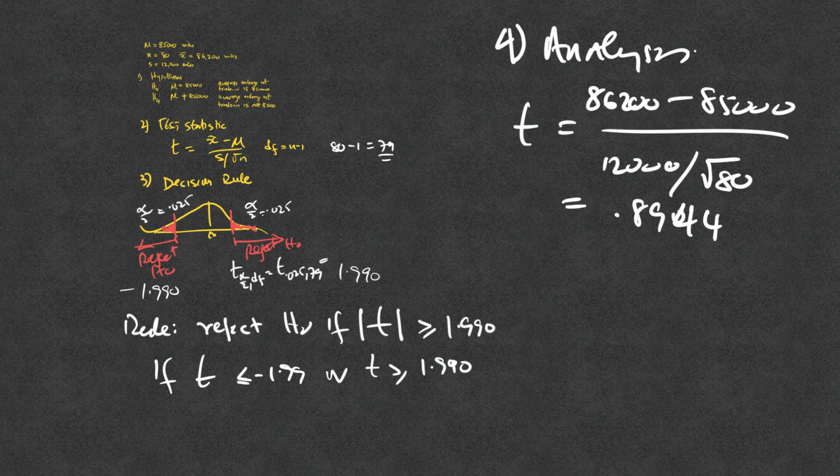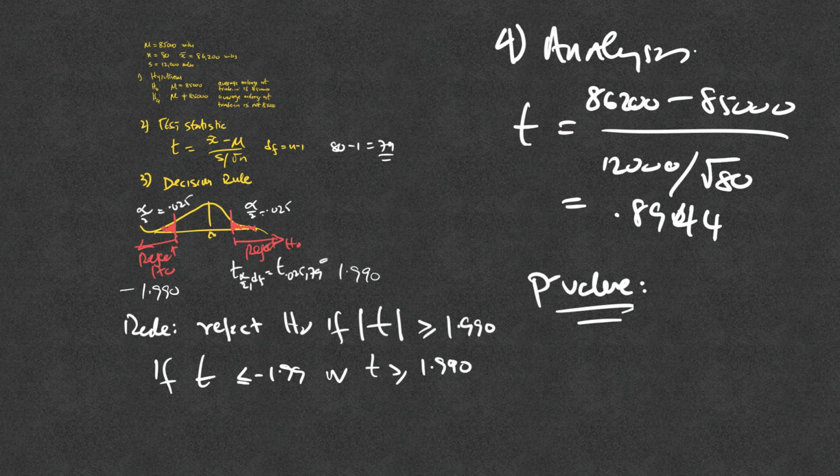Excellent. So you can see from the evidence already, it's not enough. But let's do something. Let's find a p-value. So basically we could actually finish this problem by just comparing this value with the 1.990, correct?